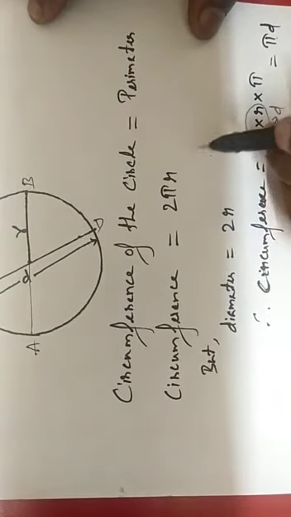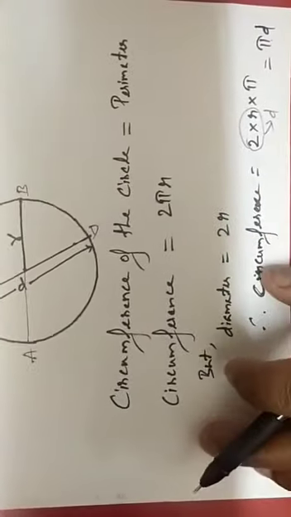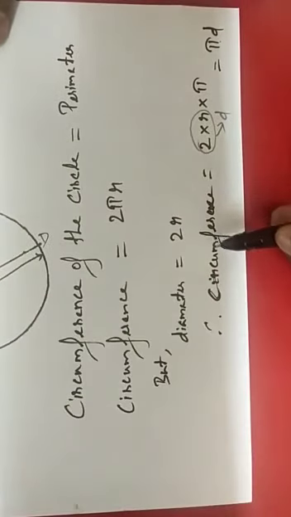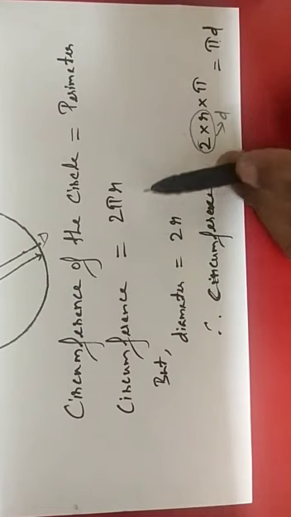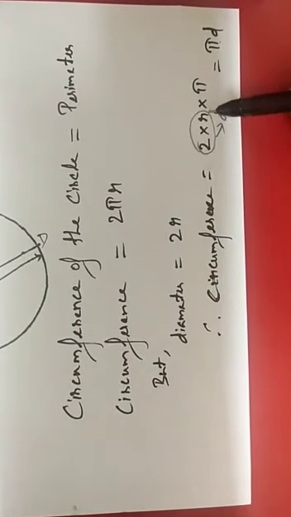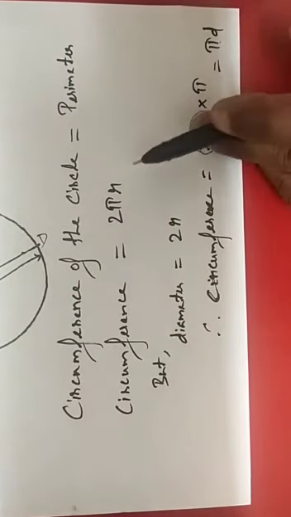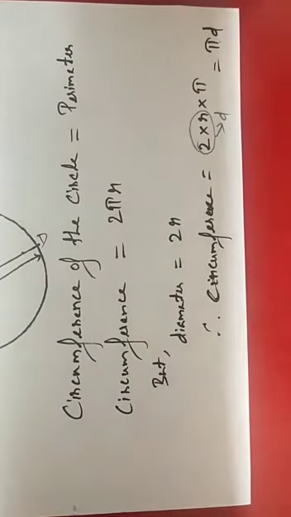Why can I write pi d? See here, circumference is equal to 2 pi r. I can write 2 into r into pi. Twice the radius is the diameter. So I can write the circumference of the circle is equal to pi d. You can use any formula.